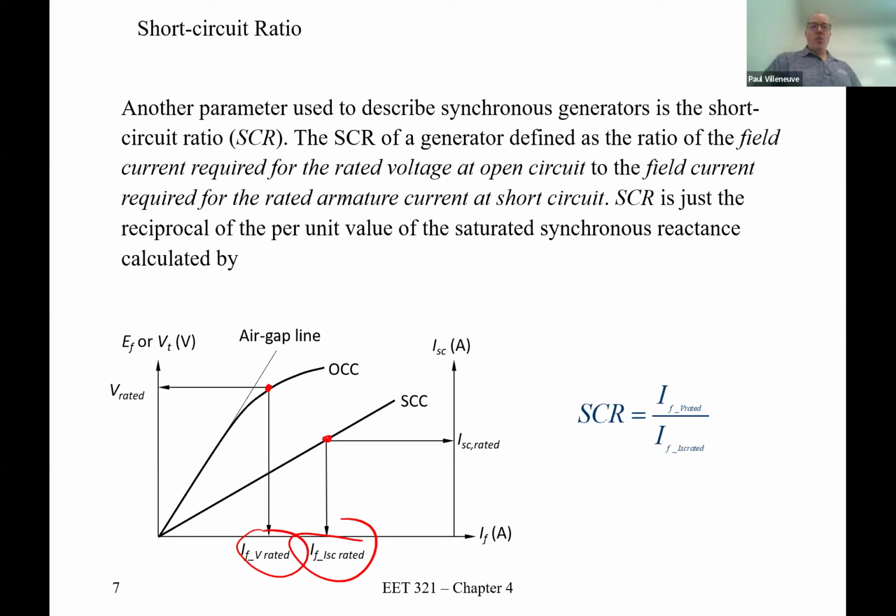This is the current, the rated current on the short circuit characteristic. This is the voltage, the rated voltage on the open circuit characteristic. So in the case of the generator, you guys doing the homework, this would be 13.8 kV. And this would be 12,844. The field current has to be whatever it is.